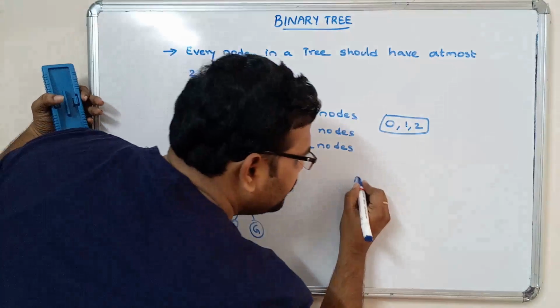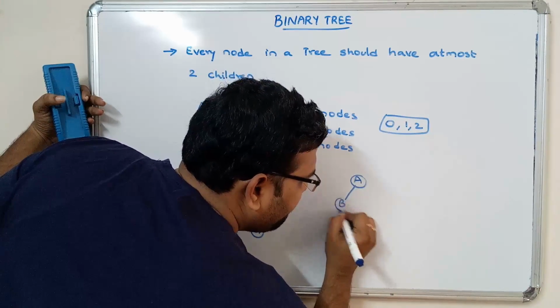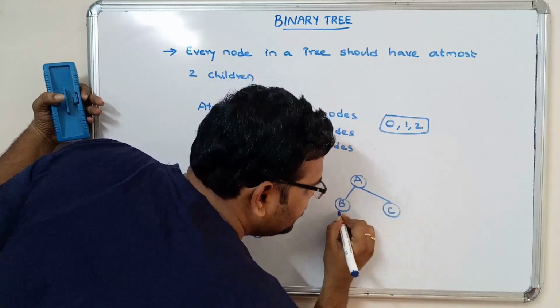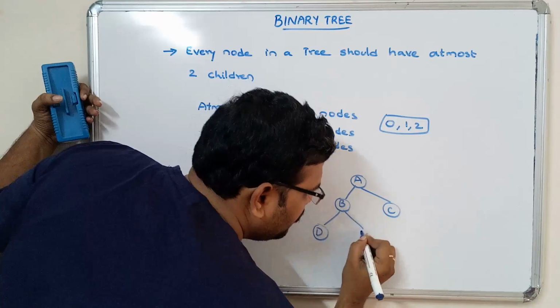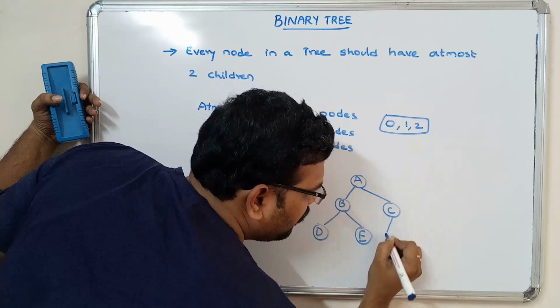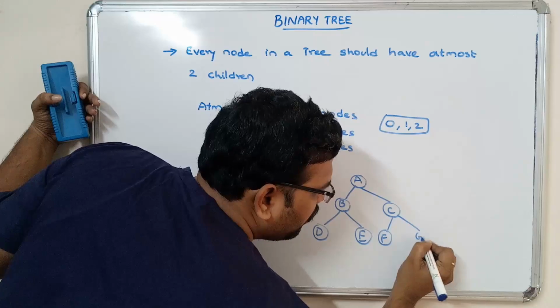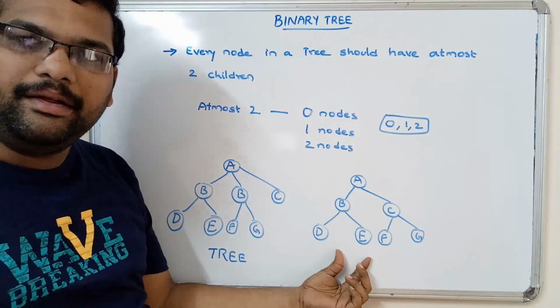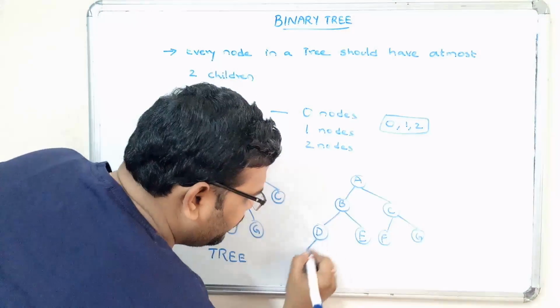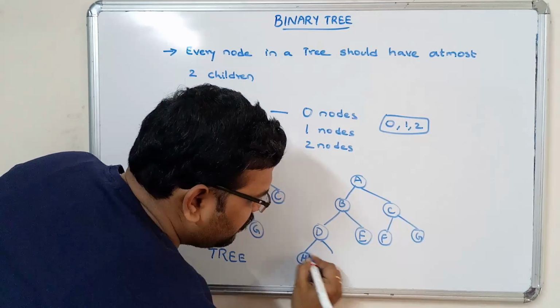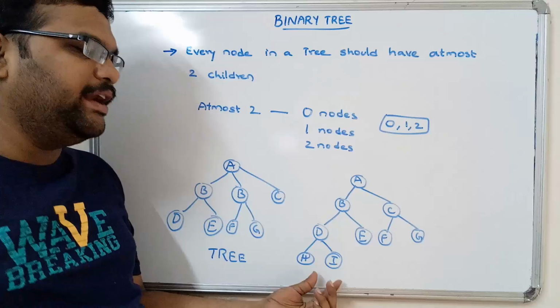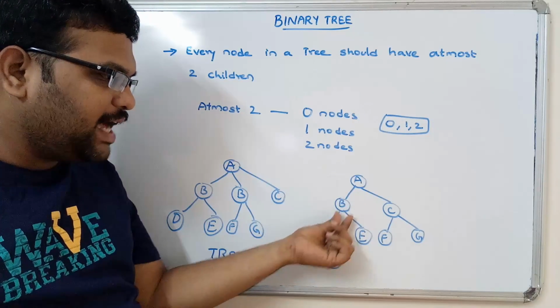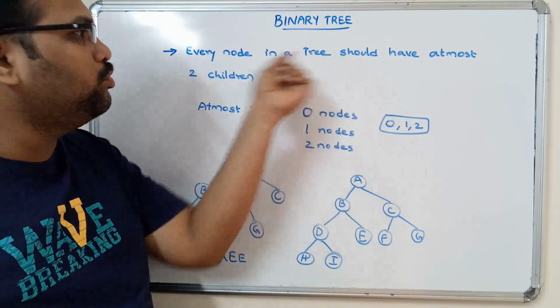So see, A, B, C, this is called a binary tree. Even this is also a binary tree because every node is having at most 2 children.